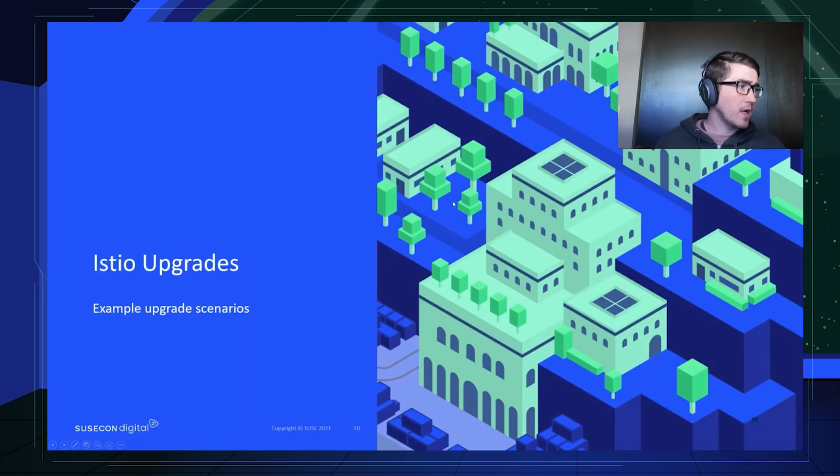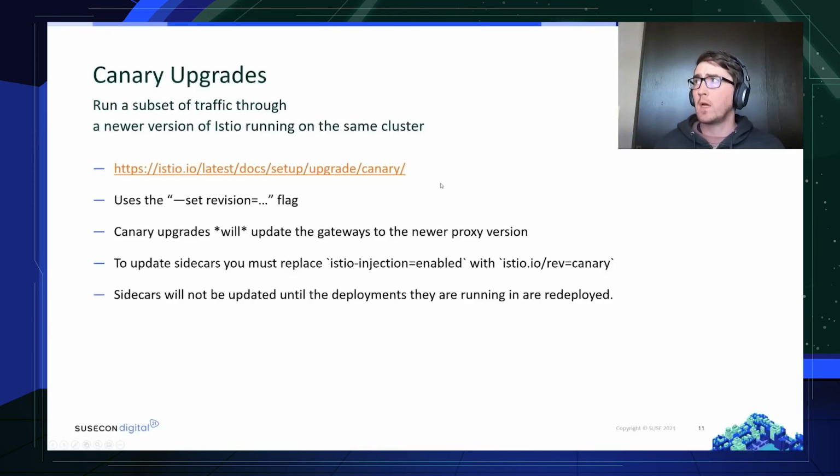The last component, and I'll kind of speed through this because I've already gone way over time, is Istio Upgrades and Istio Futures. For Istio Upgrades, you have the option to use Canary Upgrades. At first, they were something that I toyed around with but didn't recommend for production.